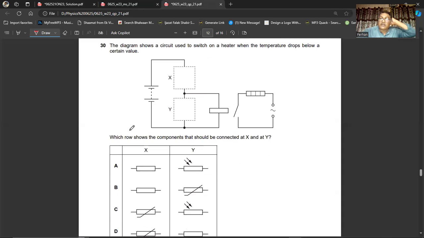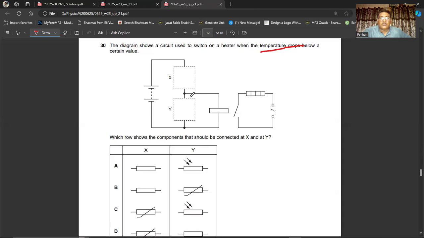Now we have question number 30. The diagram shows a circuit used to switch on a heater when the temperature drops below a certain value. So when the temperature drops, this coil should become magnetized, and then this should close, and the heater should start working.